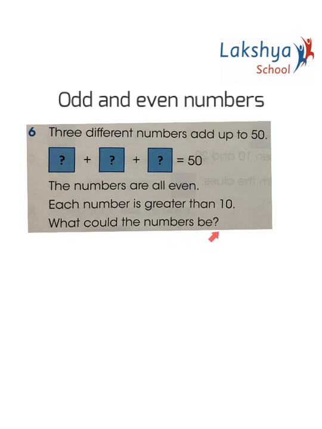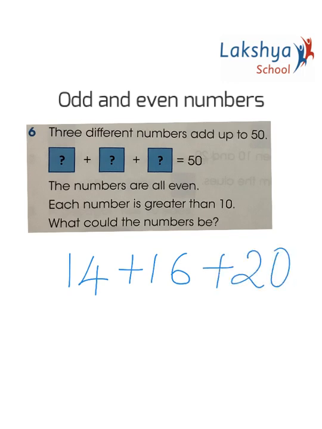What could the numbers be when you add up to 50? Let's work it out. First I will pick 14 and 16, which give me a total of 30, and add 20 to it to make a total of 50. You can choose your own numbers and add up to 50.